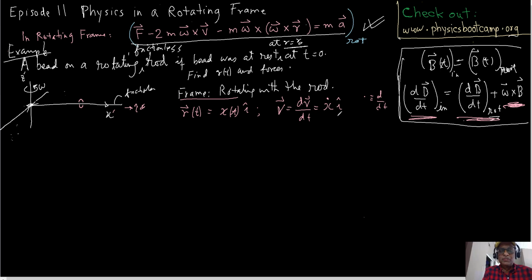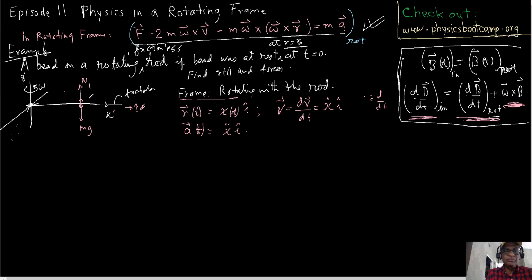And the acceleration in the rotating frame will be another derivative of that. At any instant, it will be x double dot i hat. But we'll have all of these other guys. The force will have mg. One of the normals will be from the bottom or support part.